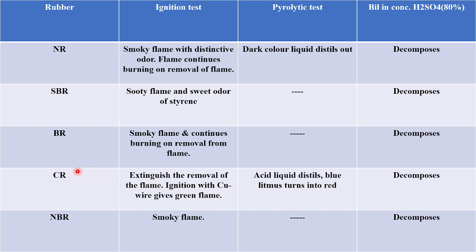But the difference is, if it is CR, that is chloroprene rubber, it will burn when it is inside the flame, but if you remove it from the flame, it will automatically be extinguished. Now why does this happen? This is because of the presence of halogen.